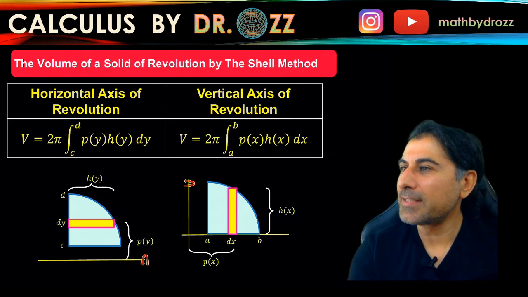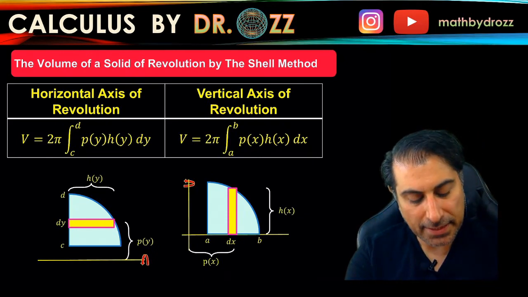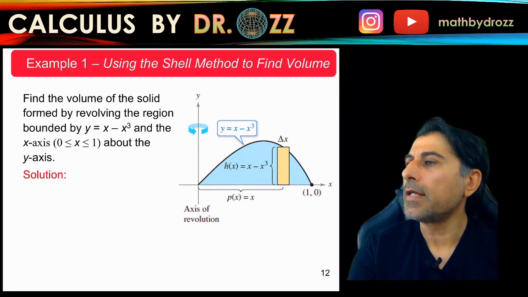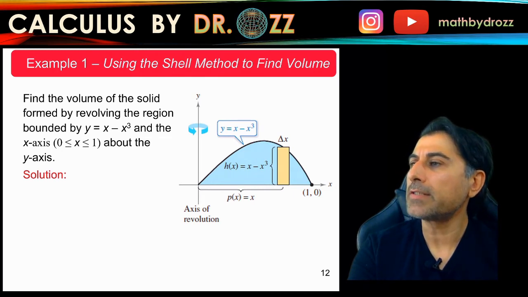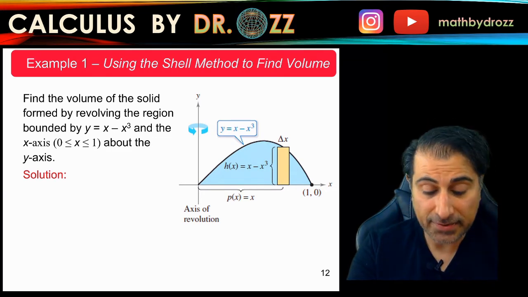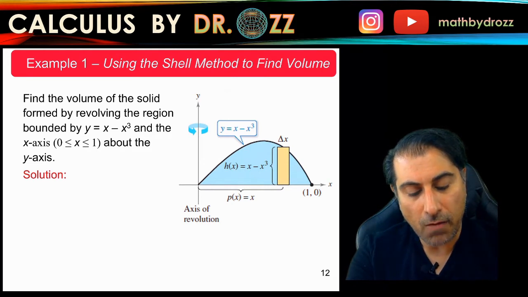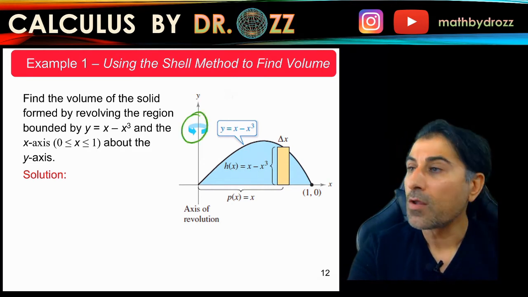All right, let's practice this method on an example where you have a function x minus x cubed, and you have the x-axis, and you want to revolve the region bounded by x minus x cubed and the x-axis about the y-axis. So the axis of revolution is essentially the y-axis.